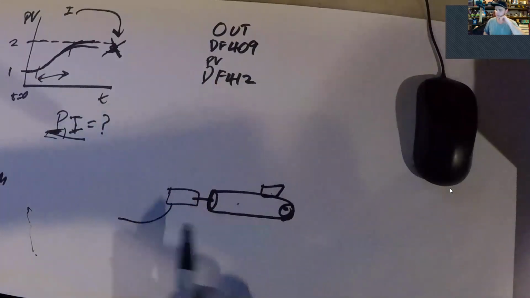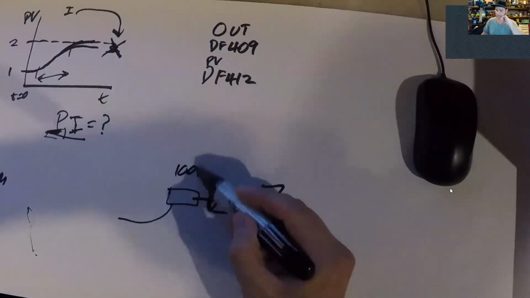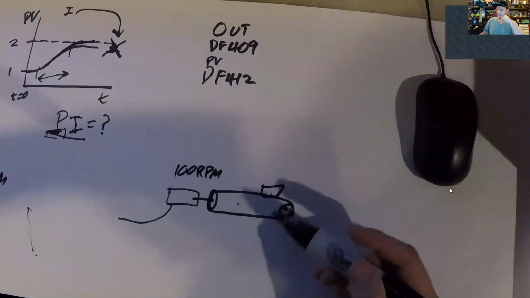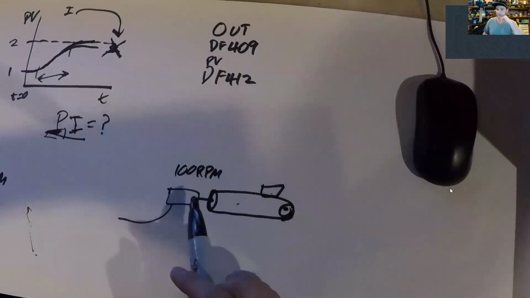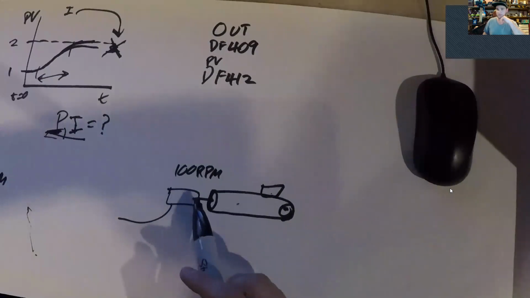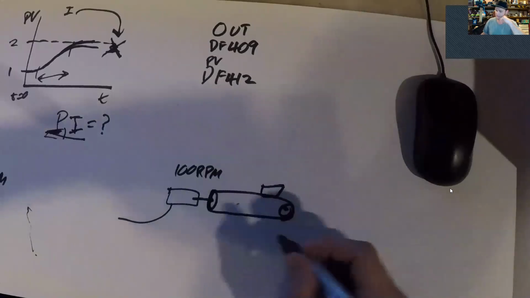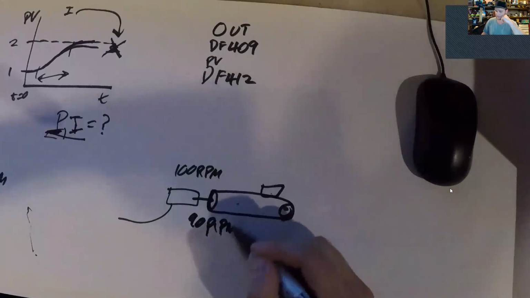So if you output, let's say, 100 RPM, and you had this all tuned up to where your motor will spin 100 RPM if there's no load on it, no resistance. Well, with all this resistance, you might actually see like 90 RPM, right?